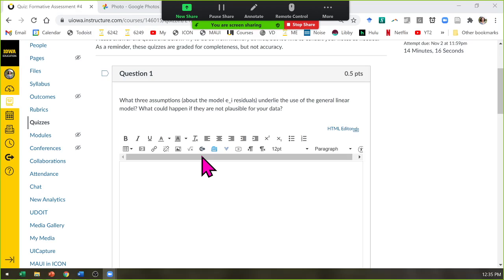Another is that the residuals are supposed to have constant variance. That's the idea of homoscedasticity. The model is supposed to work equally well for everyone as a function of the predictors or the predicted values. So if you see, for instance, that the residuals have more variability at higher levels of your predictor, like that fan shape, that's potentially a problem with constant variance.